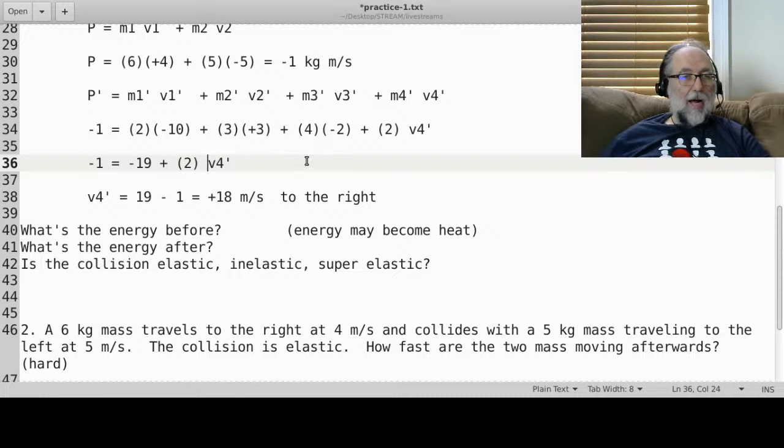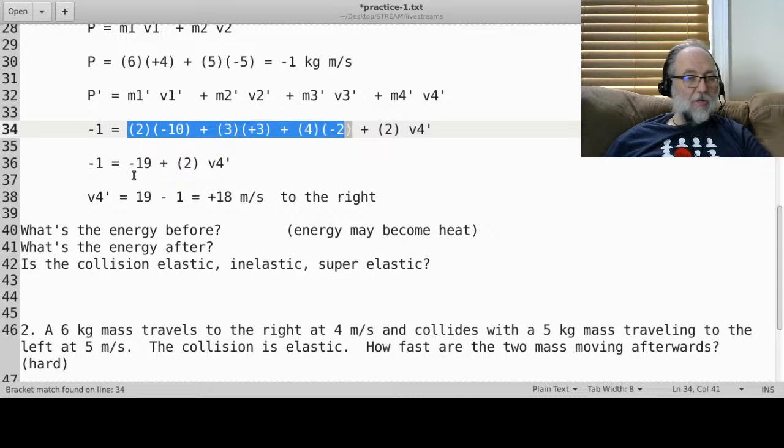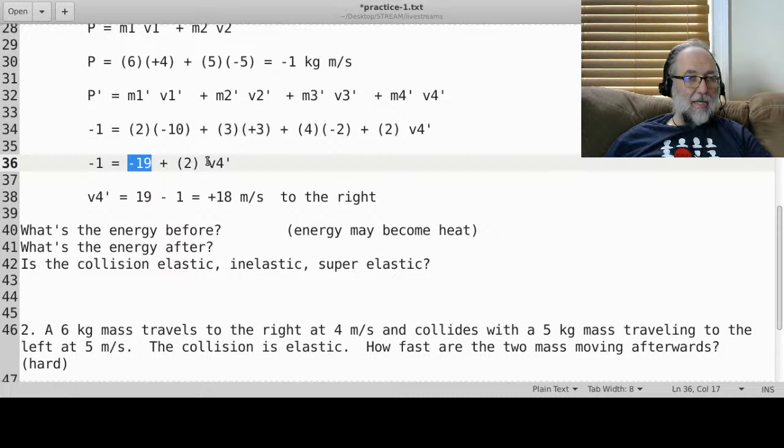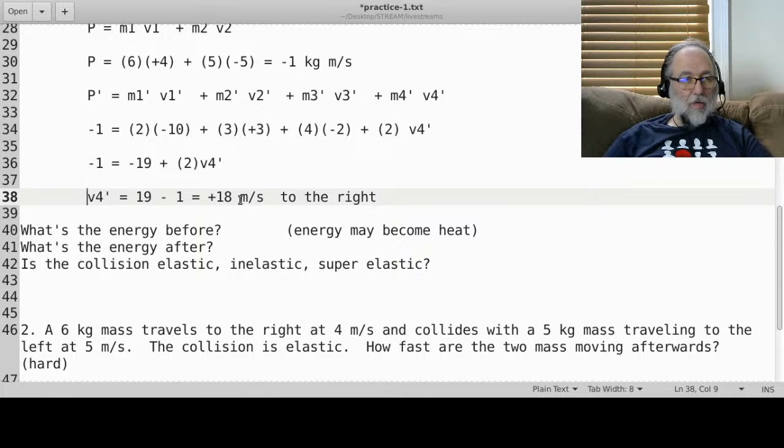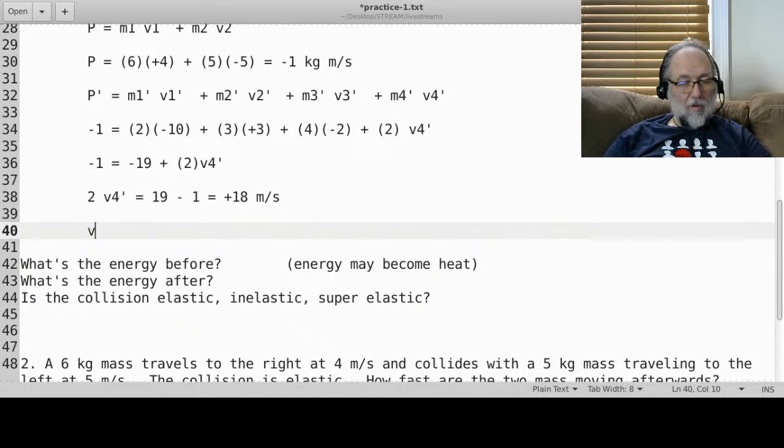Okay, so here's a -1. If you calculate all of this, it turns out to be -19 and then 2, and that means you're going to get 2 times V4 is going to be equal to this, and that means that V4 primed, oops, is going to equal 18 divided by 2, positive 9 meters per second.